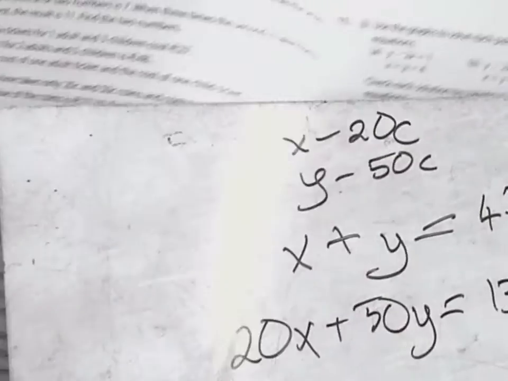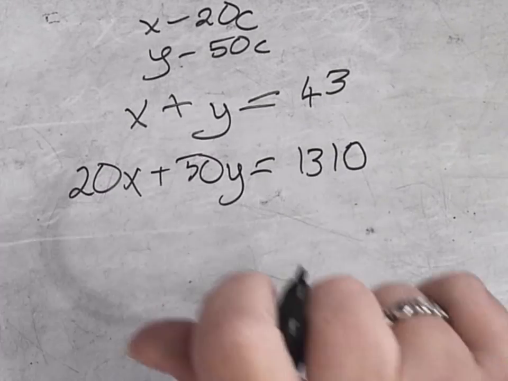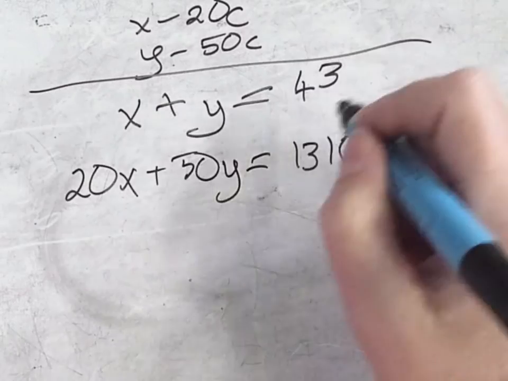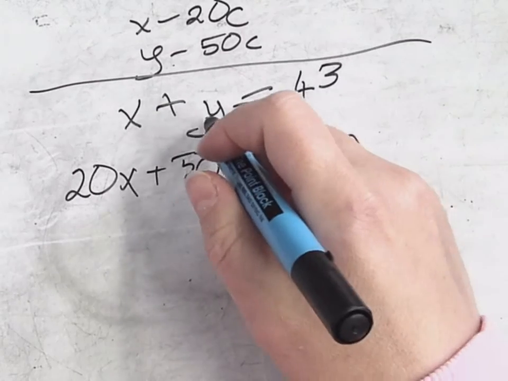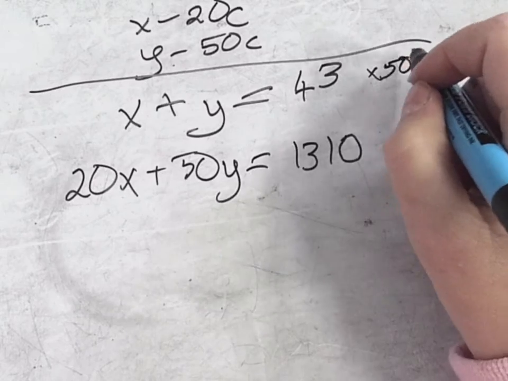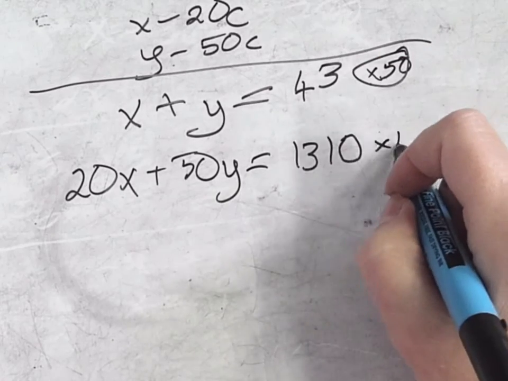Okay, so I can take away the book again and we'll solve. So top line is 1, that's 50. So if I multiply the top line by 50, I multiply the bottom line by 1.